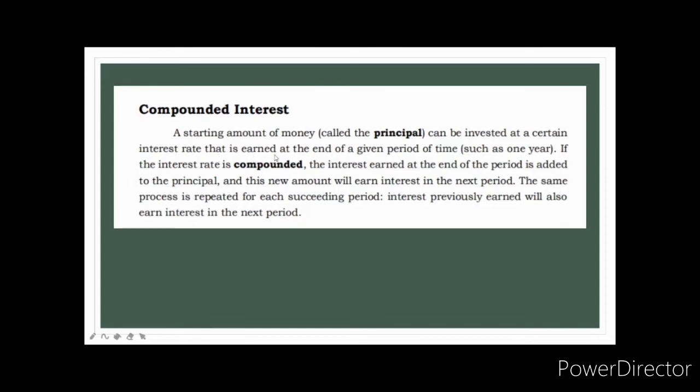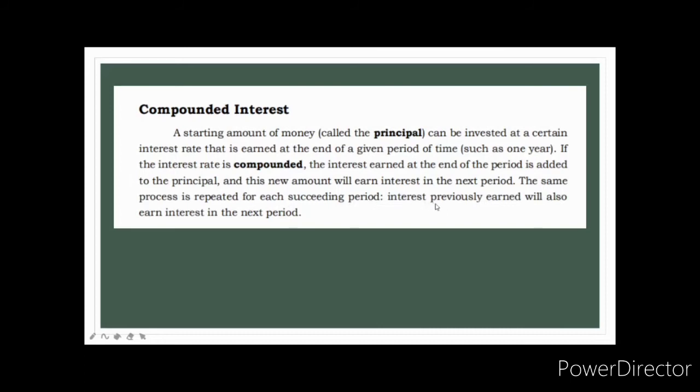If the interest is compounded, the interest earned at the end of the period is added to the principal, and this new amount will earn interest in the next period. The same process is repeated for each succeeding period. Interest previously earned will also earn interest in the next period.